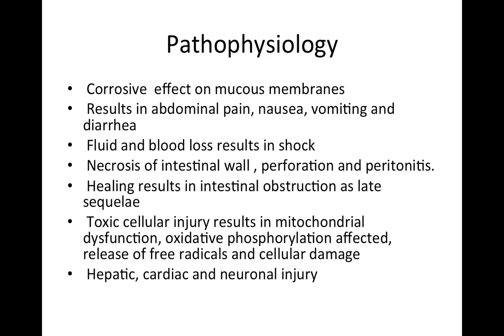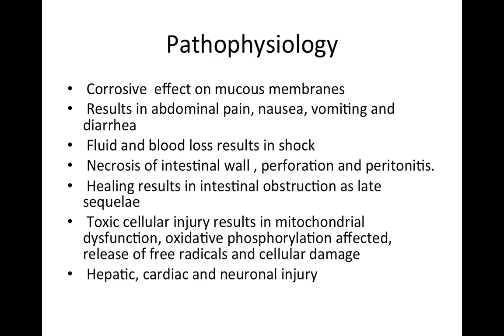There will be fluid loss and blood loss resulting in shock. Necrosis of the intestinal wall results in perforation and complicating peritonitis. If the child or the patient survives, healing results in intestinal obstruction as a late manifestation.